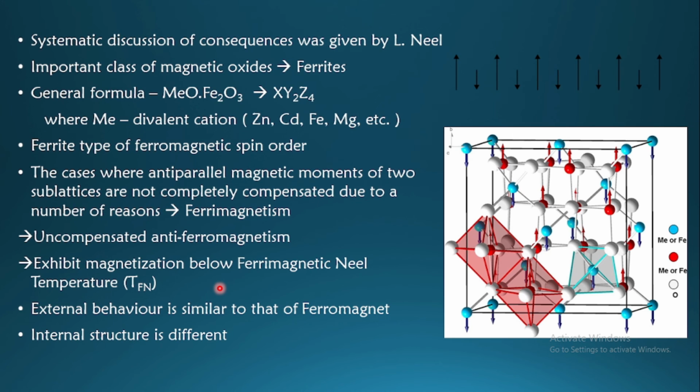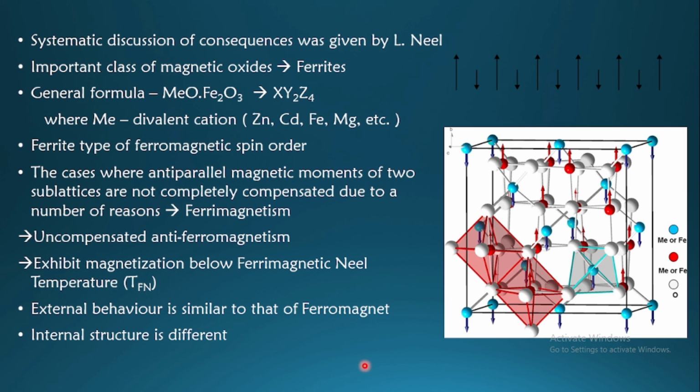That's why we say magnetite is a ferromagnetic material, and when we get into depth we can say that magnetite is actually a ferrimagnetic material. Externally both are alike, but when you study the internal structure based on the moments, then we understand the difference and can specify whether the material is ferro, ferri or antiferromagnetic.